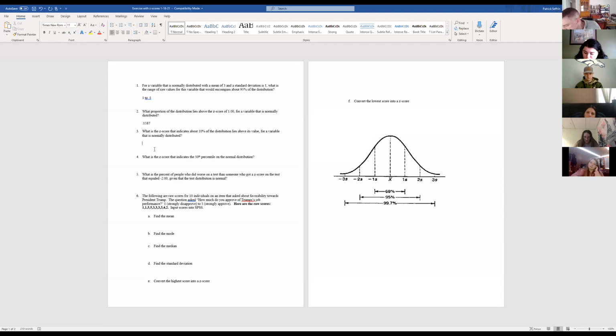Okay, so for this next one, it's asking, what is the z-score that indicates about 10% of the distribution lies above its value for a variable that is normally distributed? For this one, we're looking within the table to find the closest marker for 0.10, because that would indicate the z-score that marks that 10% is above that score.